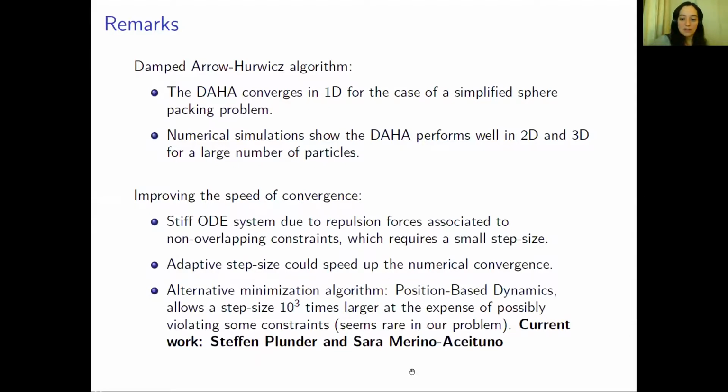And this is a current work by Stefan and Sarah to study this algorithm.